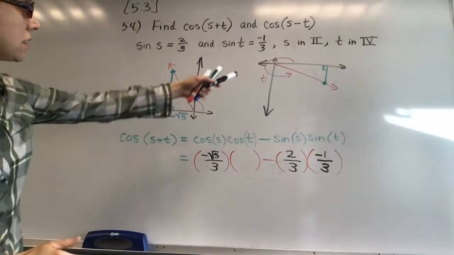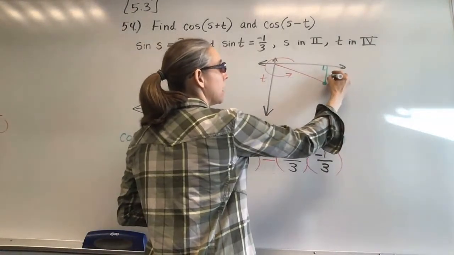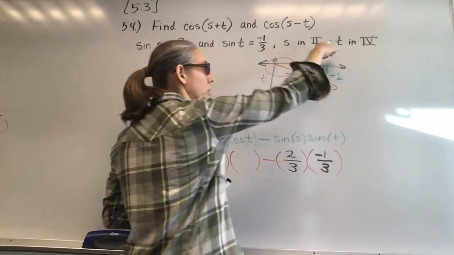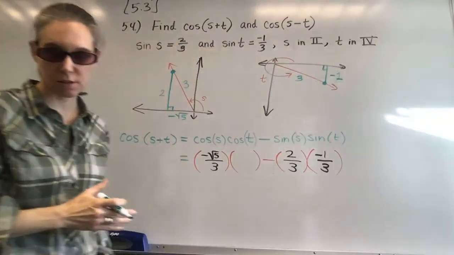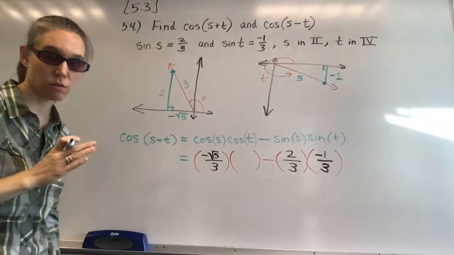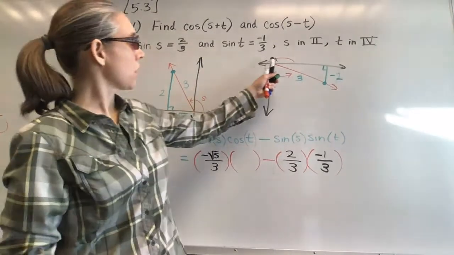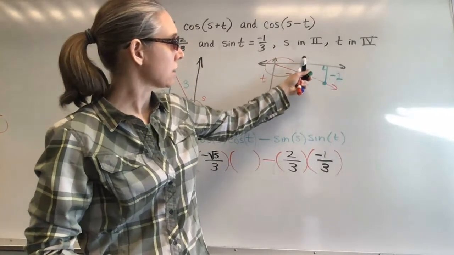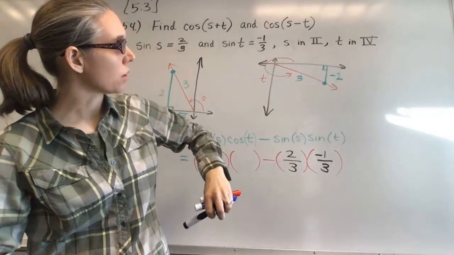Now we come over to T. I'm going to go ahead and label this side negative 1 because I'm going down. The hypotenuse will always be a positive number, so make sure your hypotenuse is always positive. And then moving from here to here, the x value is going to be found by doing 9 minus 1, right? So square root of 8? Yes.